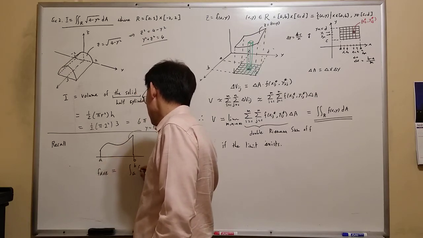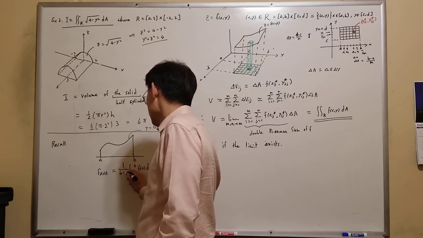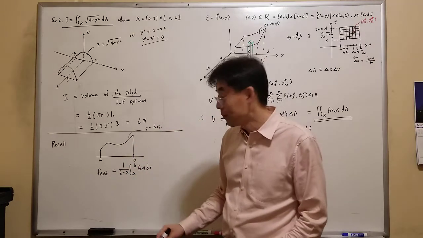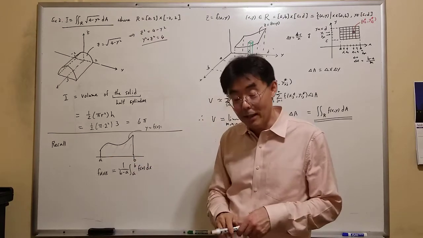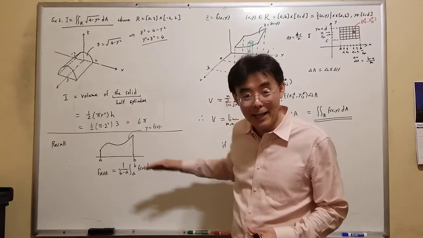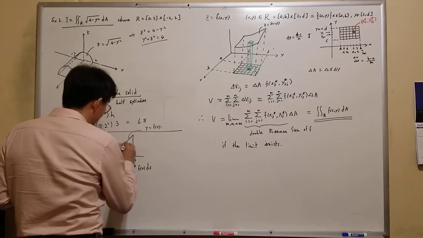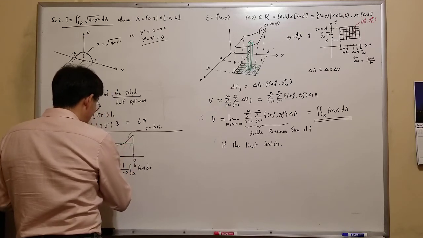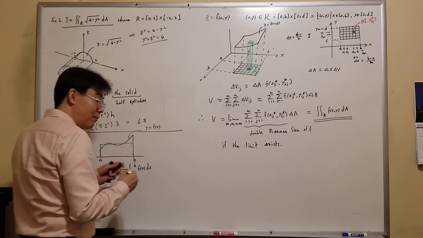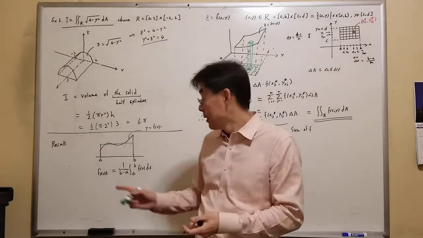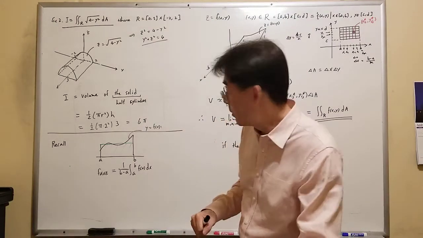Definite integral from a to b of f of x dx times 1 over b minus a. Right? The whole area divided by base length. That means average height. So this value will give you the average height. When you use that average height as a height, then the rectangular area will be exactly the same as the area of the region. Anyway, that's the way we define the average value of a function on an interval.